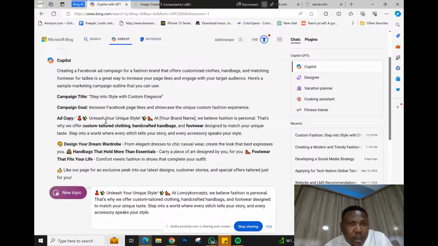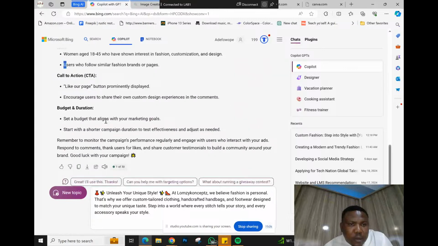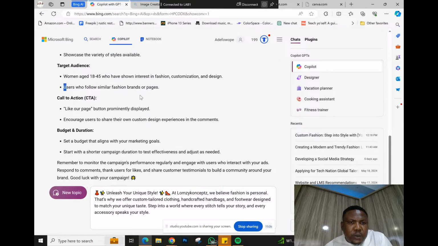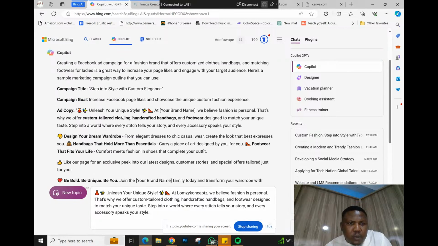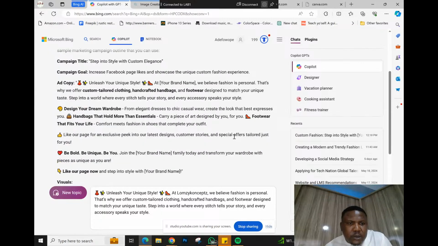I read something. Establish shorter campaign. Encourage users to share their own custom design experience. Women. Increase the time while matching reward and design from elegant to casual.